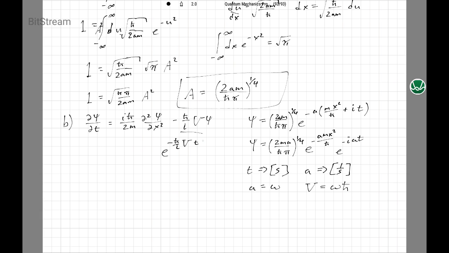So basically my A is corresponding to that frequency, meaning that my potential energy must equal this frequency that I have in here, this constant A, times h bar. And that's the potential energy that satisfies the Schrodinger equation. And we can make the argument based purely on units.